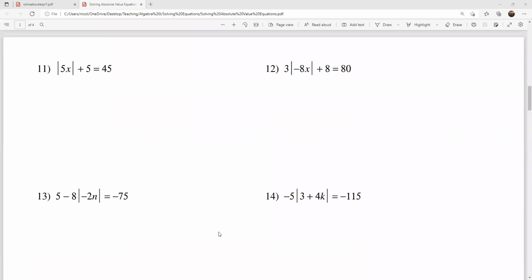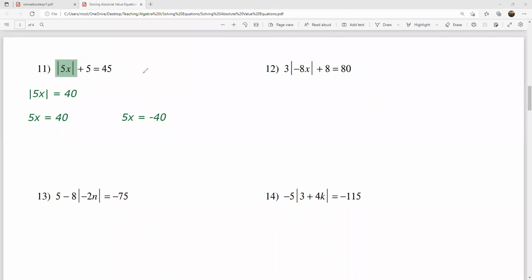So for these ones, the very first step is you want to get the absolute value alone on one side. So this gets you the absolute value of 5x. We're going to minus that 5 to the other side, which gets you 40. And then you would set up your two equations here, and you would get your two answers. So remember, this one's a negative. So you get x is 8 and -8.